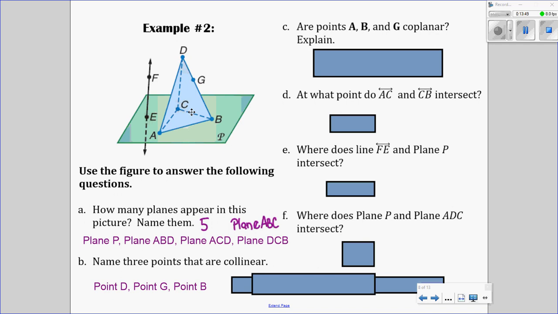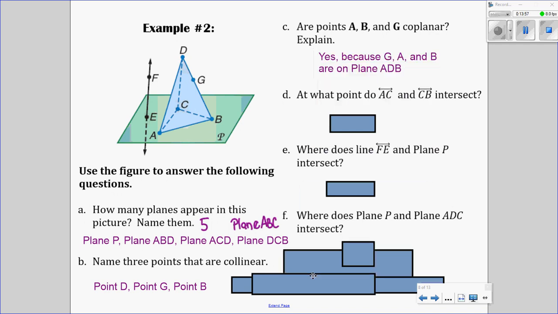Coplanar means the points are on that plane. So G is part of that plane. So yes, because G, A, and B are on plane ADB, they are coplanar.